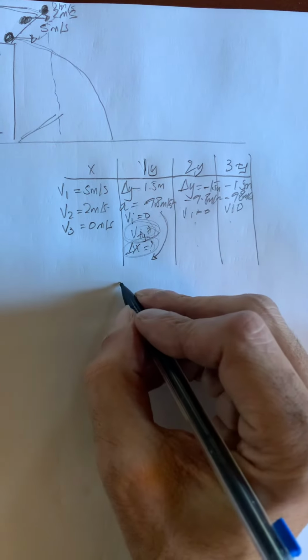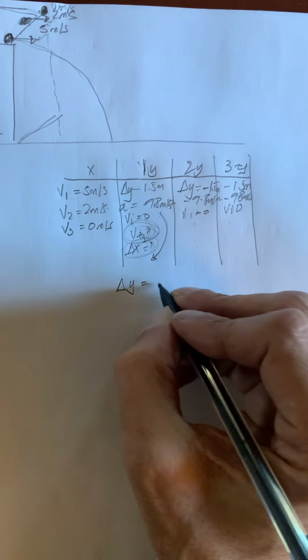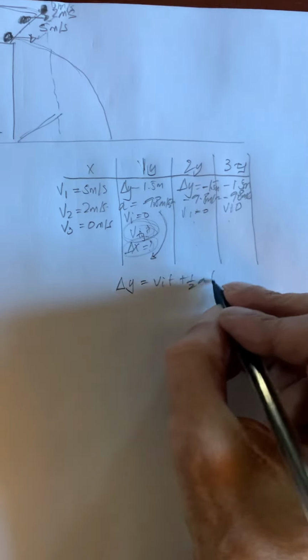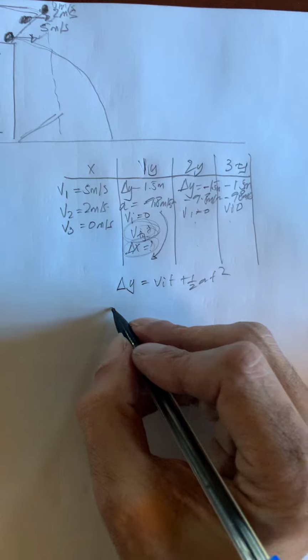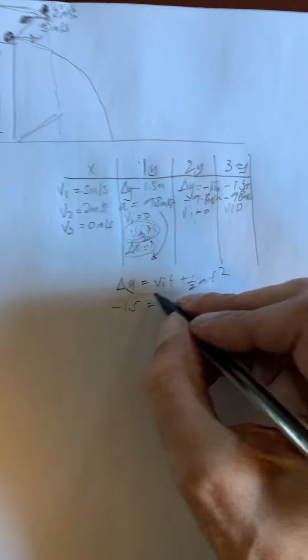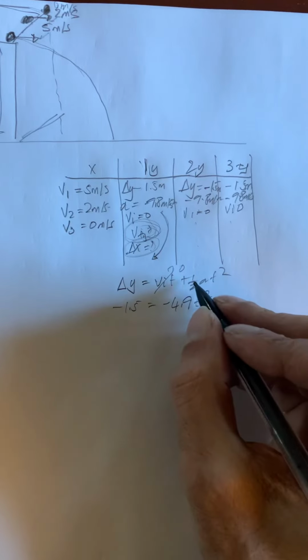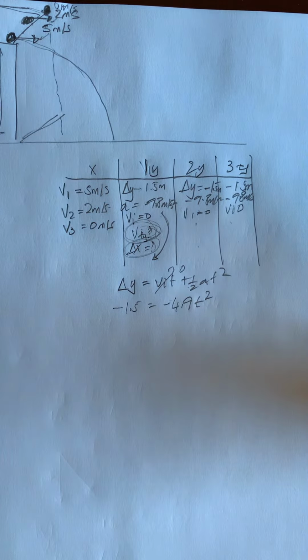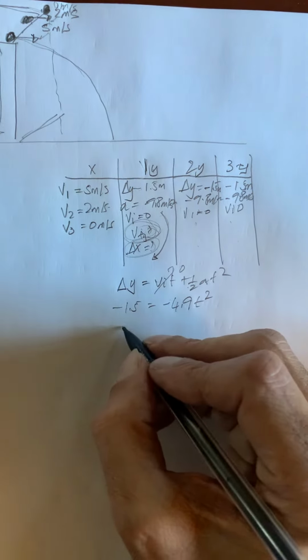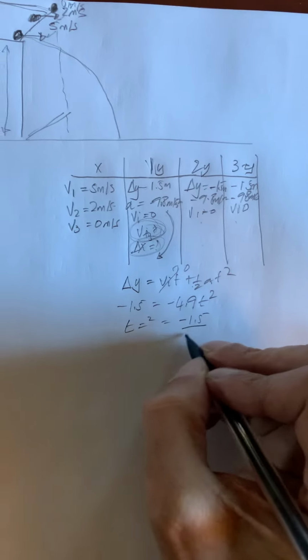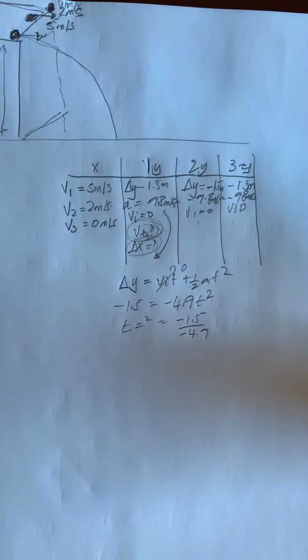If I were to do the math here, I'd say, well, delta Y equals VIT plus 1/2 AT squared, starting with that. Negative 1.5 equals, I know that's going to 0, I know that's going to be negative 4.9 T squared because that's 0.5 times 9.8. Done this so many times now, right? And so T squared will be negative 1.5 divided by negative 4.9.